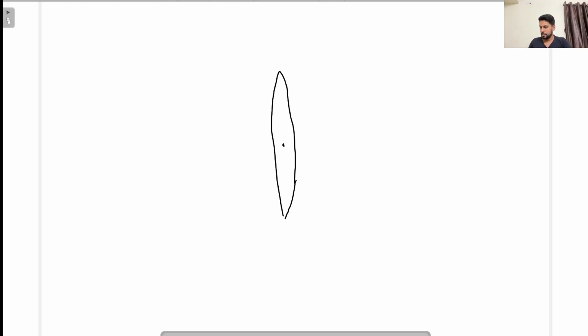Now, once we have understood the optical center, there is an imaginary line that forms kind of a base for all the image formation. It looks like a base for all the image formation.